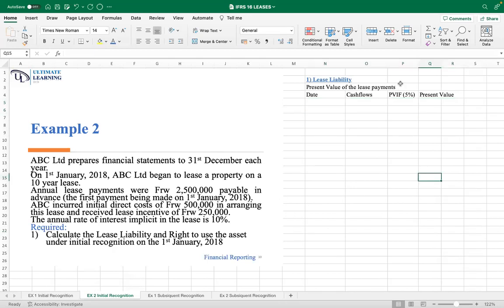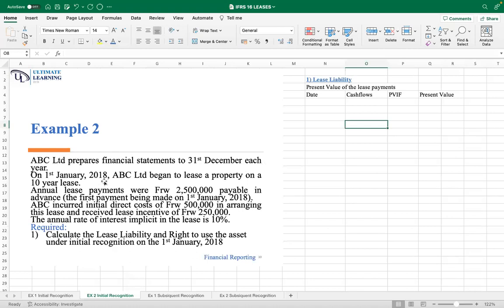Now, according to what you are taught, the lease period is on 1st January. ABC Limited prepares financial statements to 31st December each year.